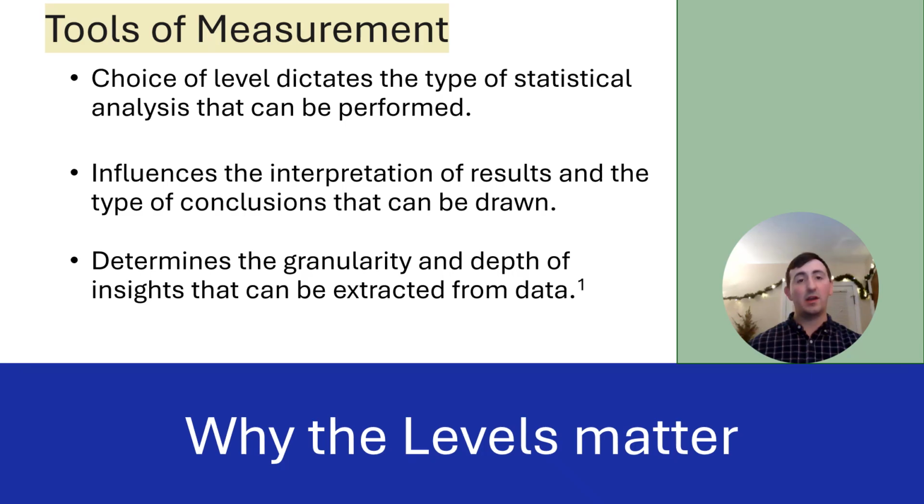And also, what kind of data you use influences the interpretation of the results at the end of everything, right? If I use only ordinal data, I can know within a certain range how strong my significant finding is or the effect size is.